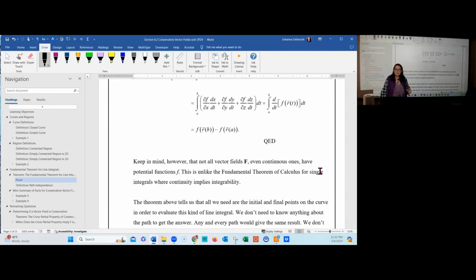It's not dependent on the path. It's only dependent on where you start and where you end up. We could say that in a sense, the value of this vector line integral is independent of the path or independent of the parameterization.